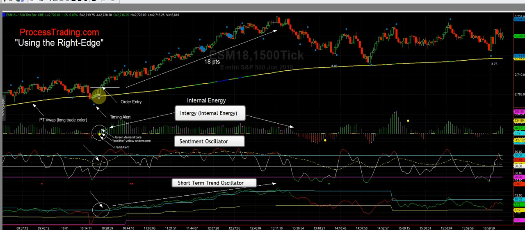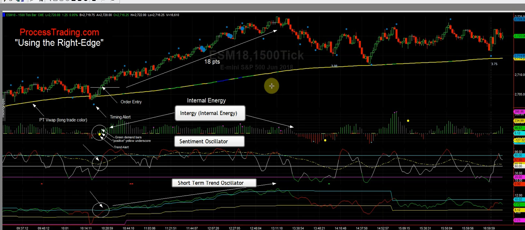So again, had you taken this trade at around 10:15, you would have got in right at this point here, 2 points above the high of the bar with the timing alert. And if you rode it up until the sentiment line started to come back down through the upper bound of the oscillator, it would have been good for about 18 points.